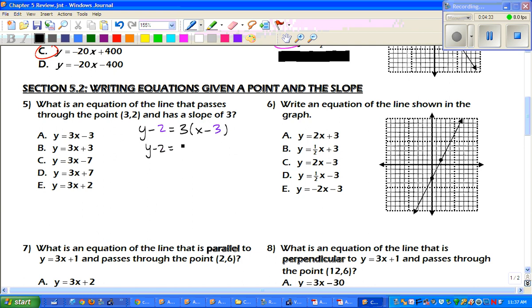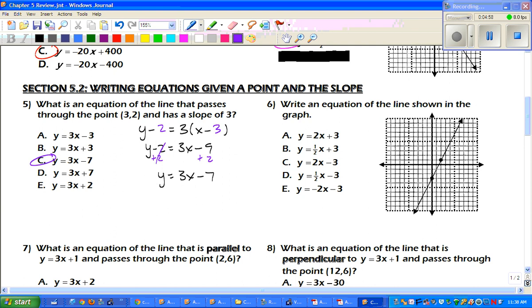So the first thing we have to do is distribute. And now we have to add 2 to both sides. So y equals 3x minus 7. So which one is 3x minus 7? You have to be careful. It is C.